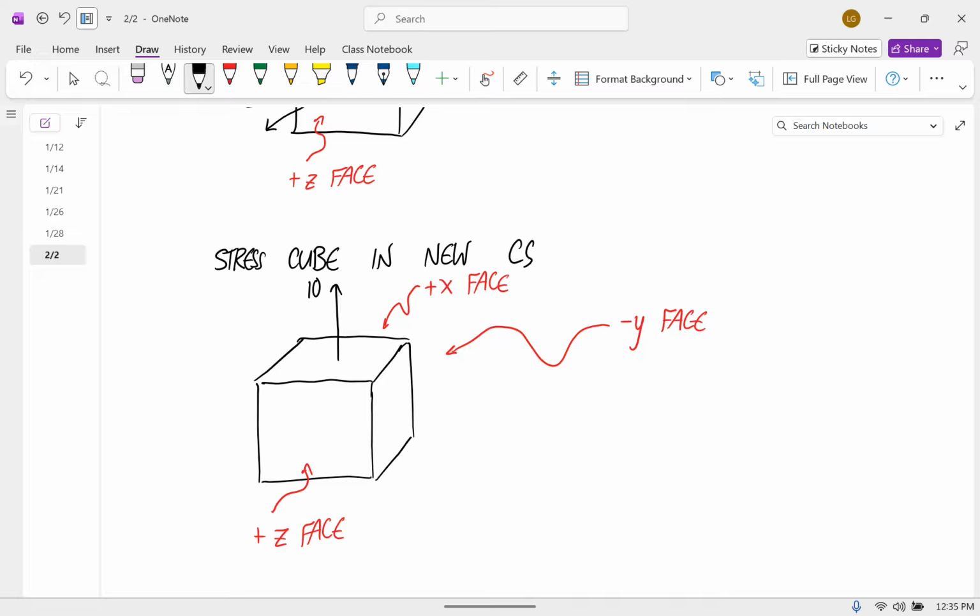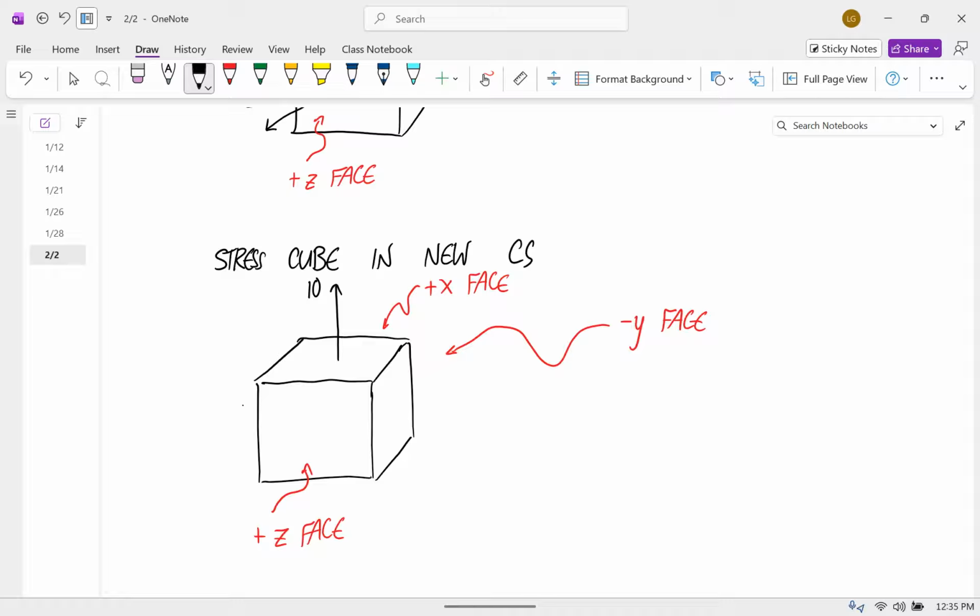Now go to the Y face. Well, the positive Y face is obscured, but that has a 5 in the positive Y and a 1 in the positive Z. But since what I'm drawing is the negative Y face, all those get flipped.